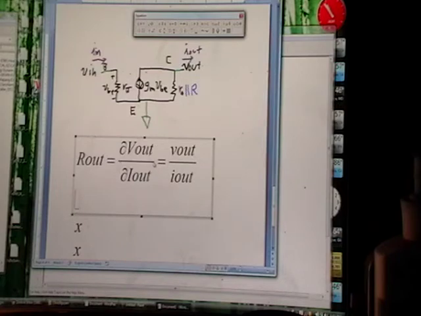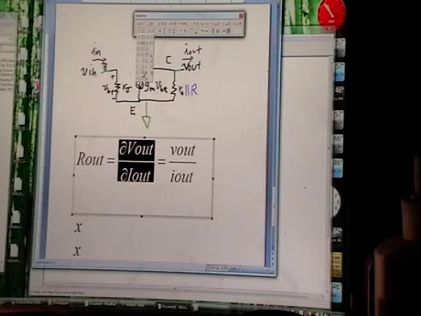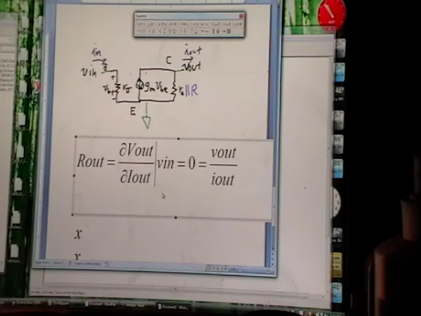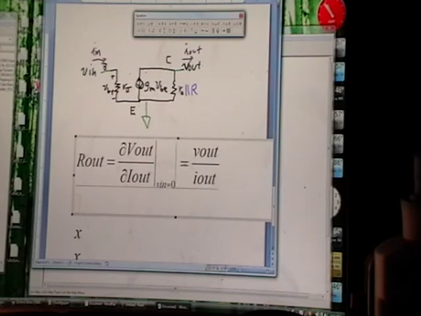But one thing that I forgot to put here is that we are going to use two-port models. So what that says is that to find R out, you set V in equal to 0 and then try to find V out over I out.